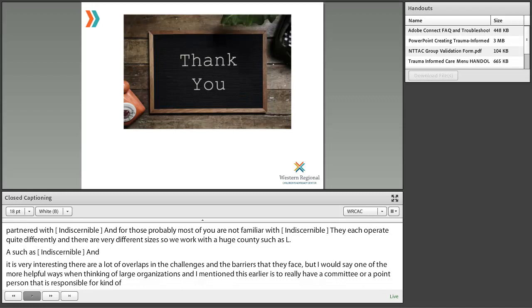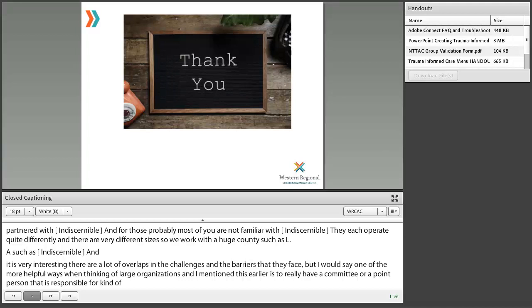It's kind of extra that they do on top of their work, but they get together as a group, as a team, once or twice a month, and they talk about all these different elements of trauma-informed care and who they might want to bring in as speakers and what kind of resources are out there that they can bring into their organization, and really just keeping it alive within their organization, really championing that. So I think the more that organizations can have a structure set in place, and I know that's not possible for everyone, but I found that to be really helpful in being able to make this kind of change.